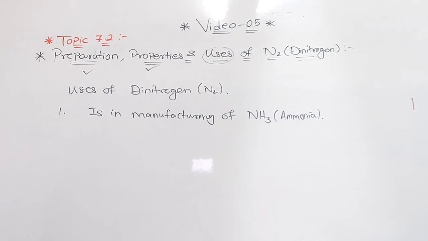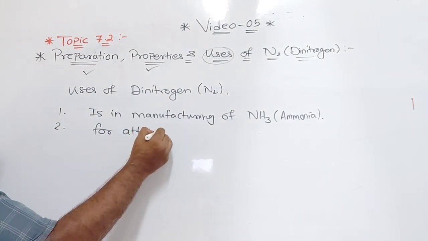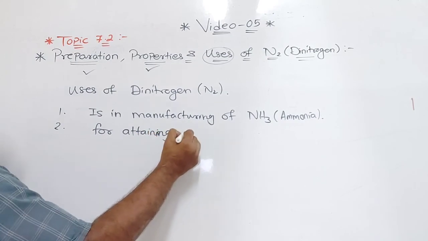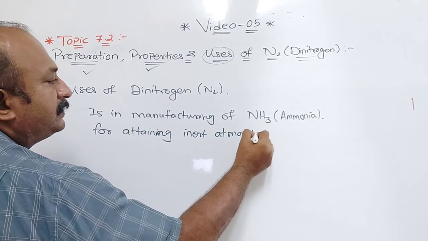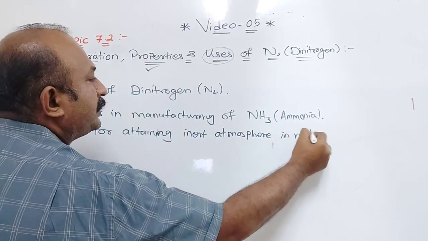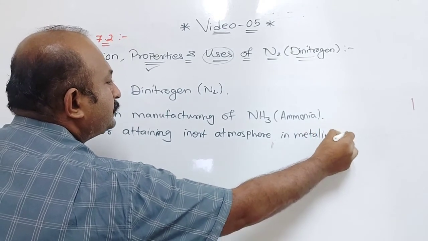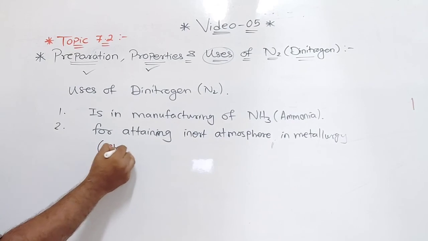Example, calcium cyanamide. It also finds uses where an inert atmosphere is required, that is, for attaining an inert atmosphere for preparation in metallurgy, for preparation of steel.